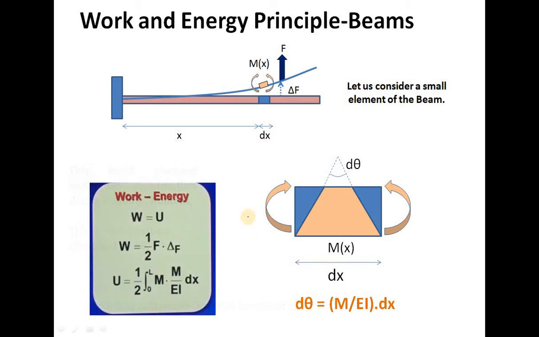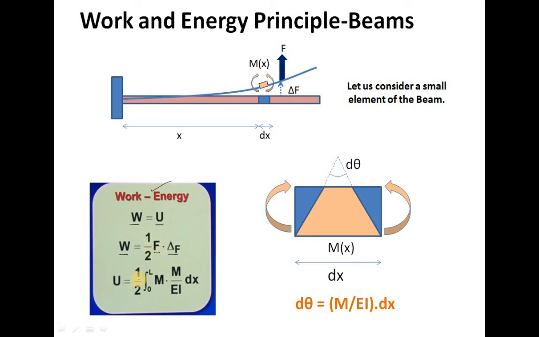Now if I try to write the work and energy equation for this type of structure, the external work done should be equal to the total strain energy in the beam. The external work done will once again be half of F times delta F, where F is the applied load and delta F is the deformation at the point where you applied the force F, and half because we are applying the force gradually.